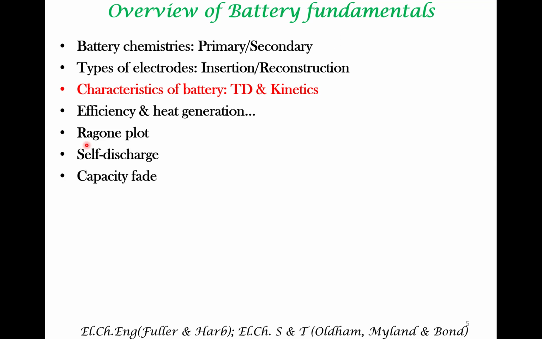And in this lecture, we looked at capacity fade. So battery is an extensive topic you can cover over one semester. But this course is about providing an overview of different electrochemical energy conversion and storage devices.